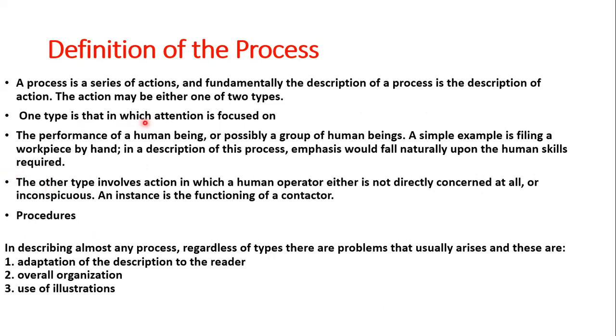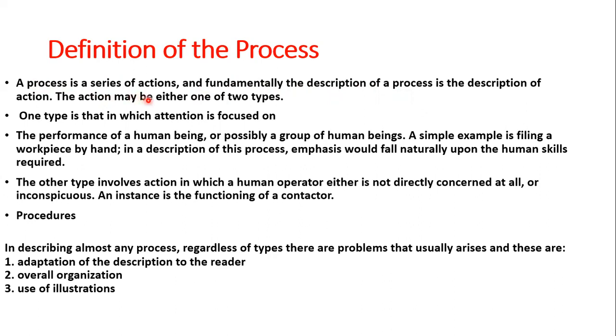Our today's discussion will throw light on the description of the process. Let's have some reading first, and then I'll explain the main points. A process is a series of actions, and fundamentally the description of a process is the description of the action.